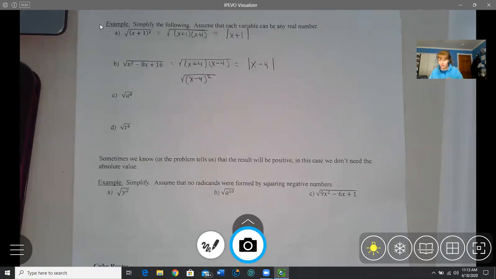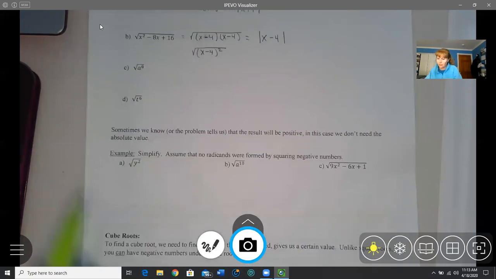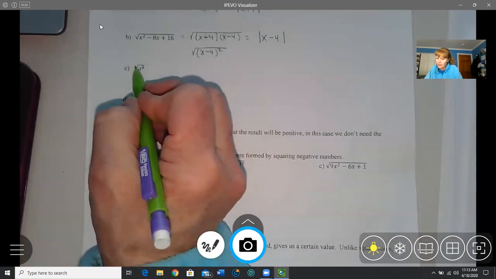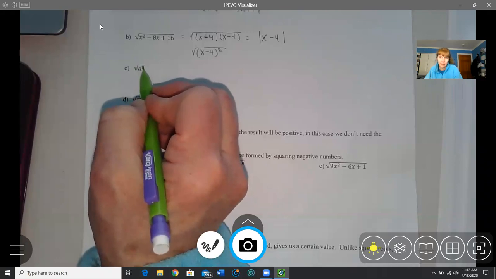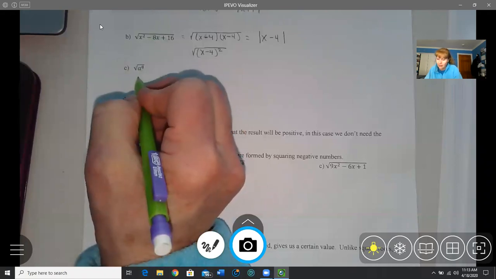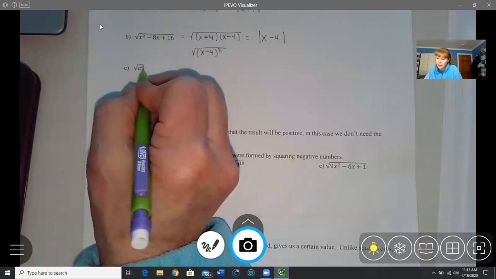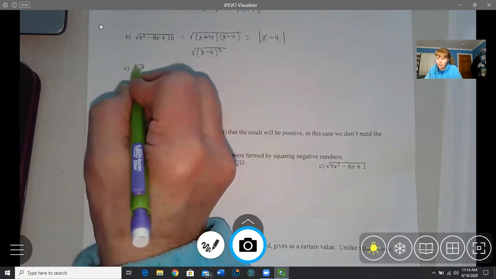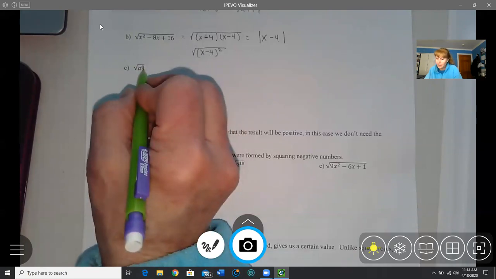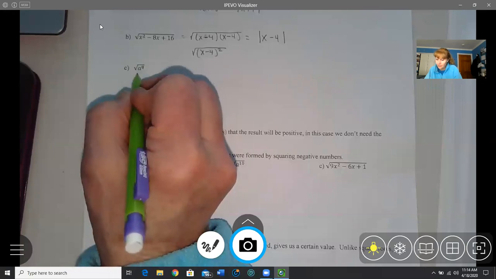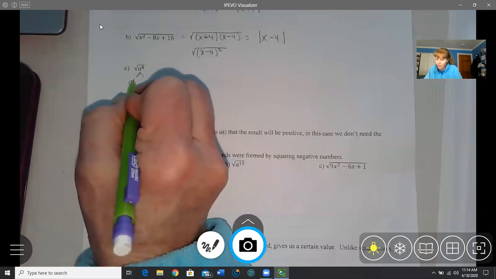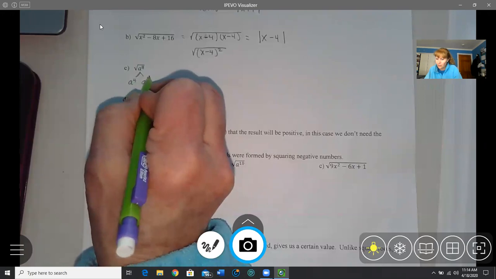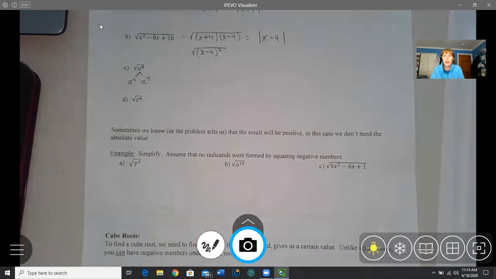Now, let's go ahead and look at another example. A to the 8th. Okay, do I have two of the same thing that I'm multiplying by to get a to the 8th? Well, if you want a square root, you can just go ahead and divide this by 2. And we'll look at that idea later as to why, but you can do that. 8 divided by 2, and this only works with a square root, by the way, is 4. So a to the 4th times a to the 4th gives you a to the 8th.